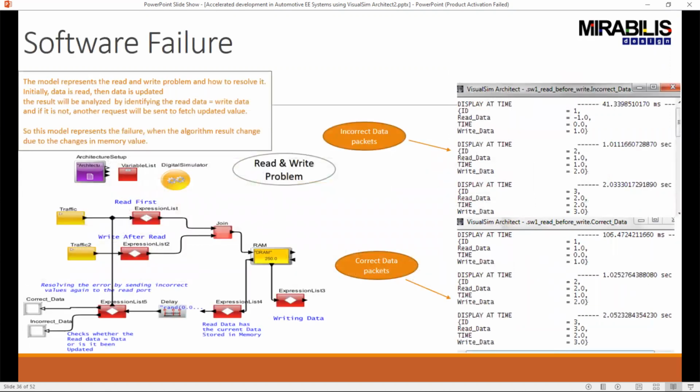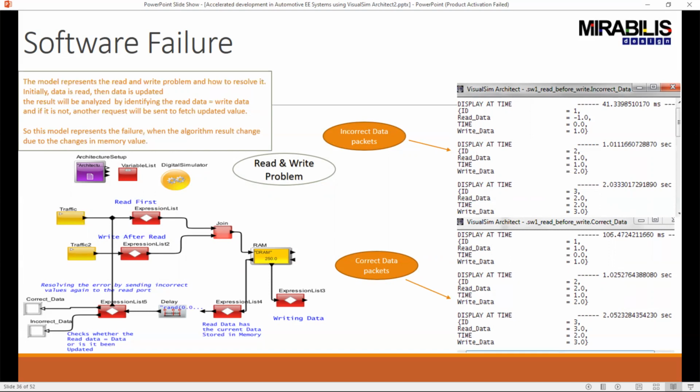Now we look at the software failure. So this is a typical read and write problem where we read the old data while updated data has been written to the memory. So these test cases can help us evaluate the criticality and the mismatches that can happen in the real environment.